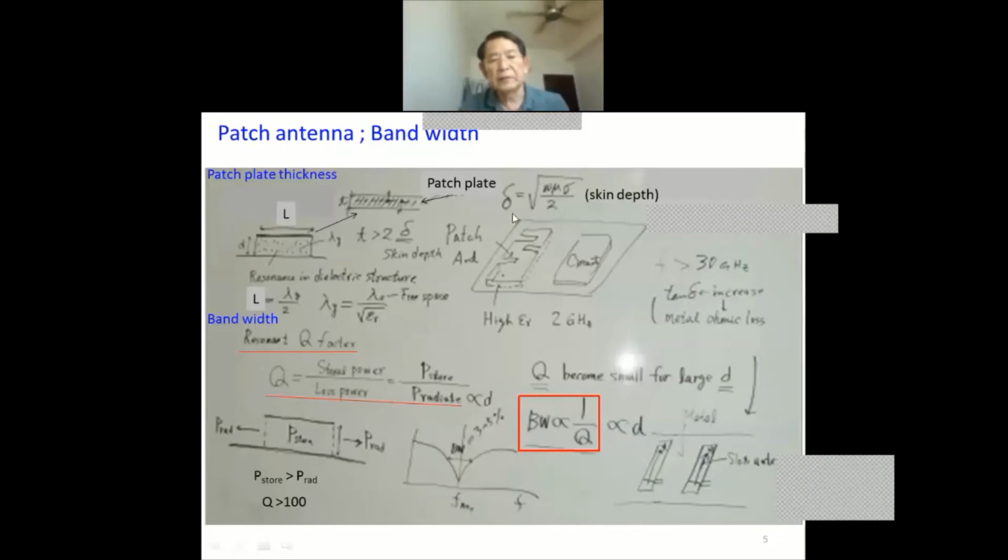I already explained the skin depth, this value. This is the area where current flows strongly. So this metal thickness should be larger than this skin depth. Generally, thickness should be 2 times the skin depth.